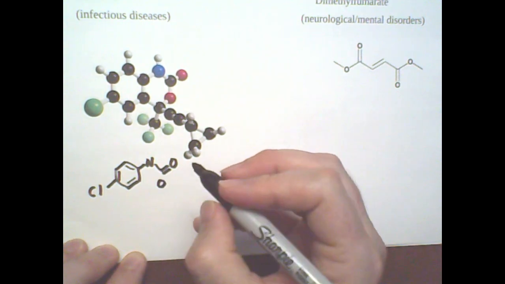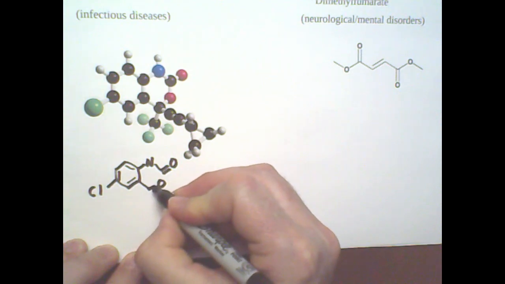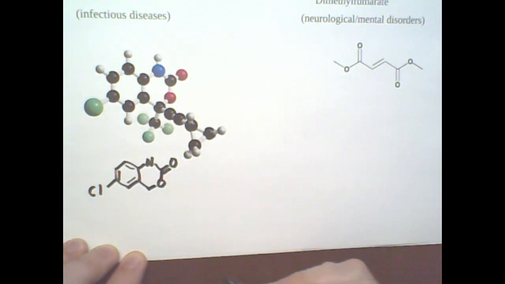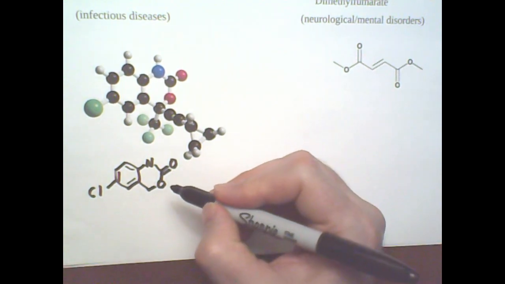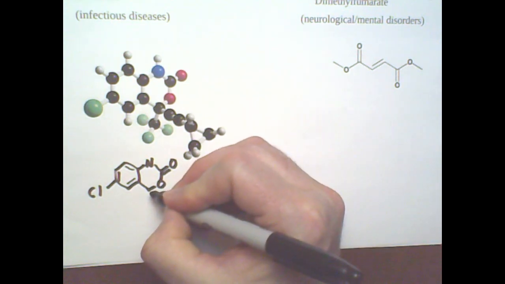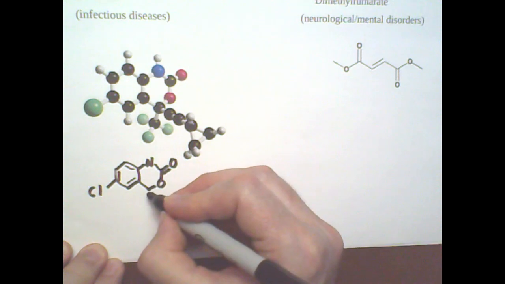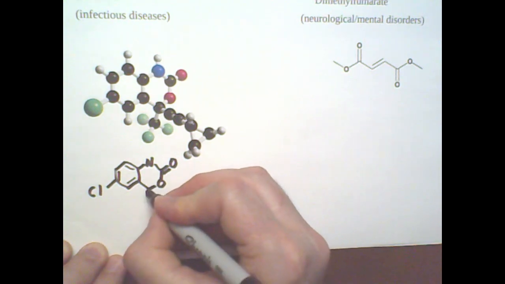I've got another oxygen, a carbon, so I've got another ring here. This carbon down at the bottom of it has 4 things attached. So it doesn't have any double bonds.